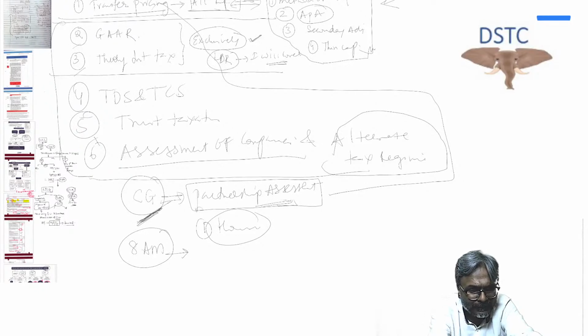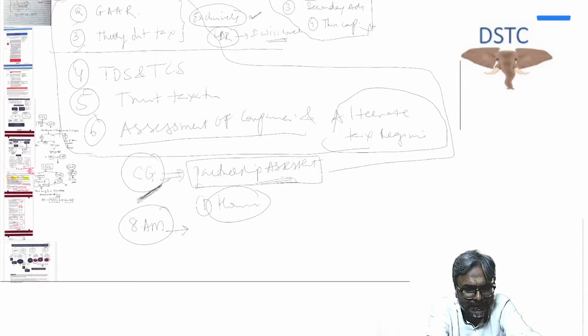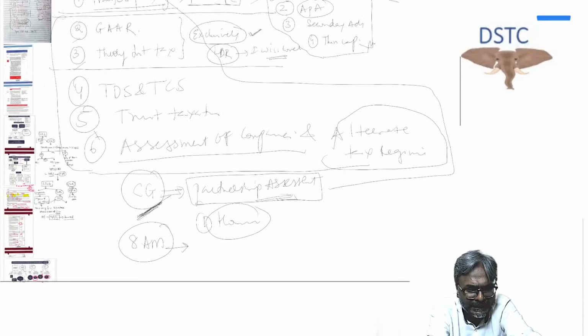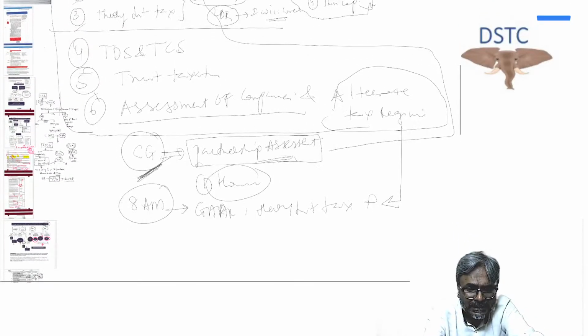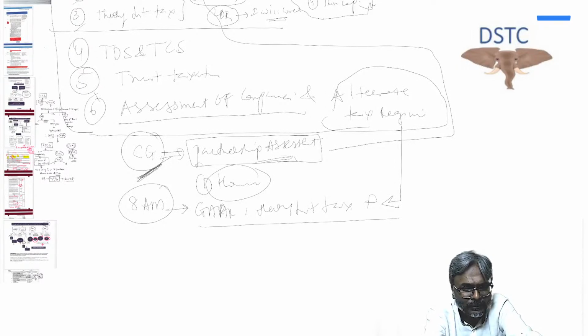First, I'm going to target the cases of the GAAR provision, theory of international taxation, plus assessment of company and alternate tax regime. These three are the target for tomorrow morning's slot.